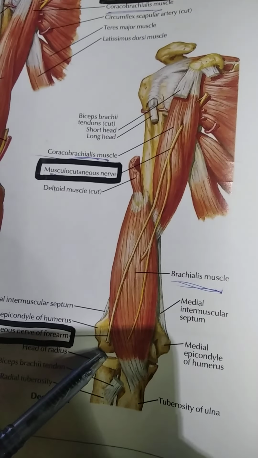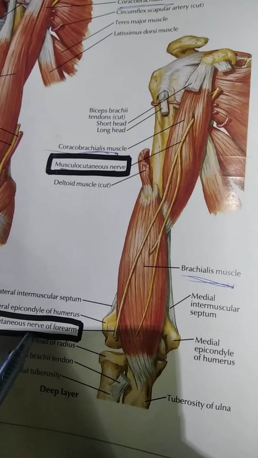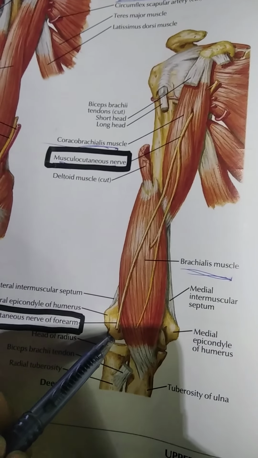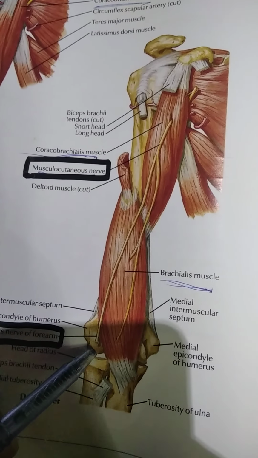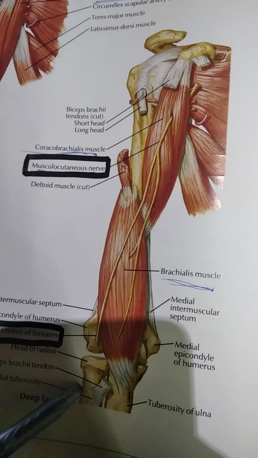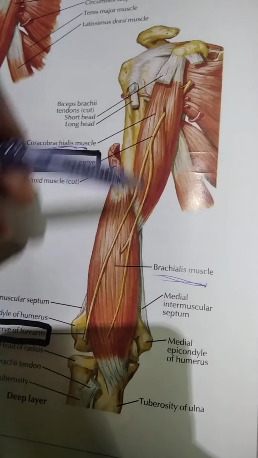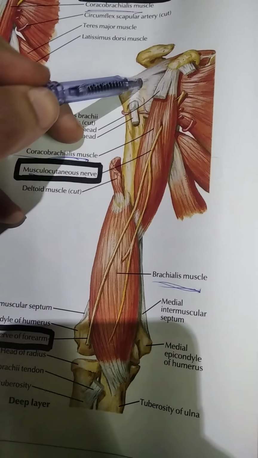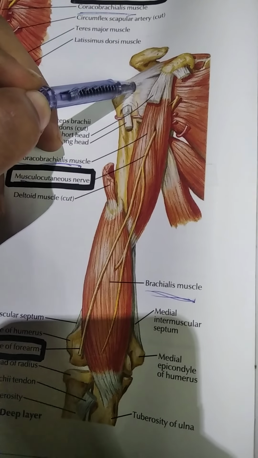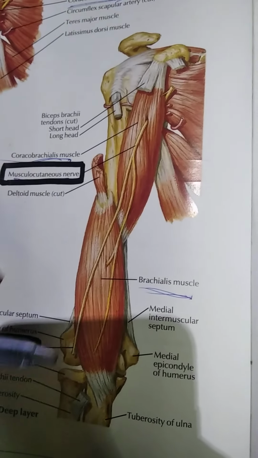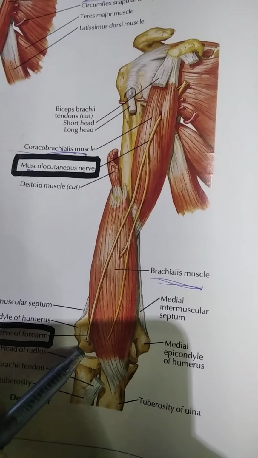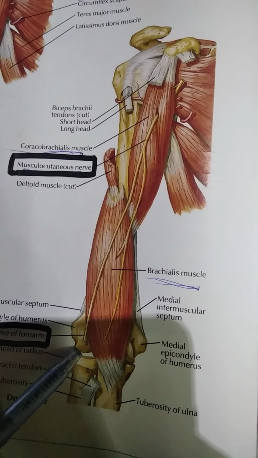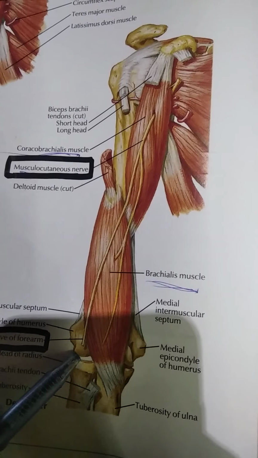And cutaneous branch is the lateral cutaneous nerve of forearm, which is the termination of this nerve, and it supplies the lateral side of the forearm. And articular branches are to the shoulder joint along with the nutrient artery, and to the elbow joint through nerve to brachialis muscle.